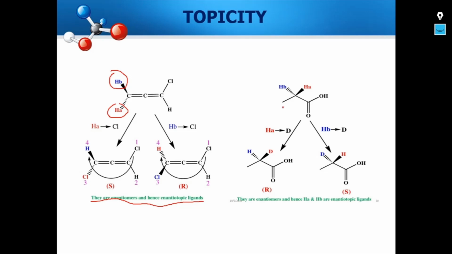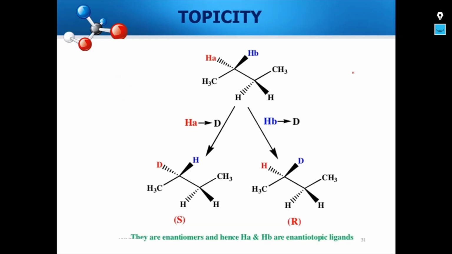Again, we have another example where we have two hydrogens over here, and if you replace these two hydrogens with deuterium, we end up with a pair of enantiomers which are non-superimposable mirror images of each other, and hence HA and HB are enantiotopic ligands.